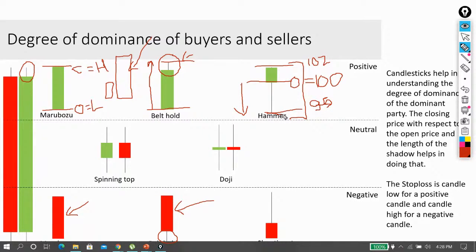Now here buyers emerged and they pushed the price to more than 7% up and closed it at the high. What does this mean? This means that there is immense buying pressure here, right?